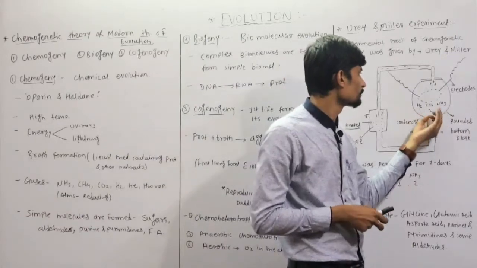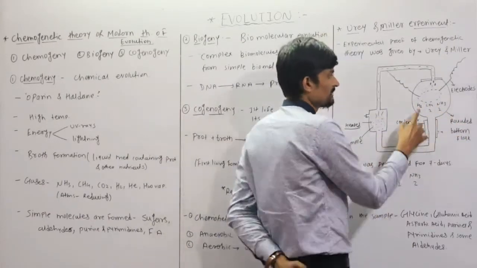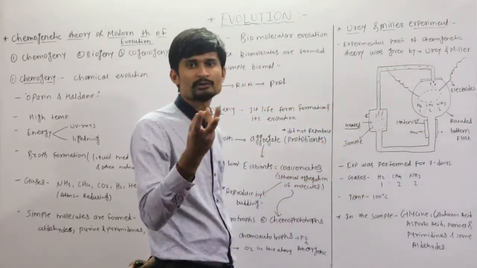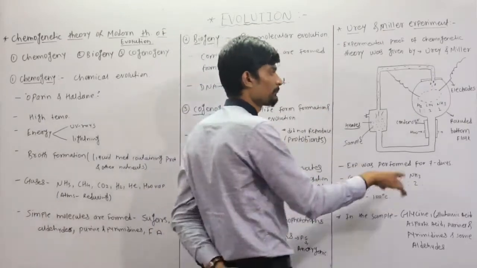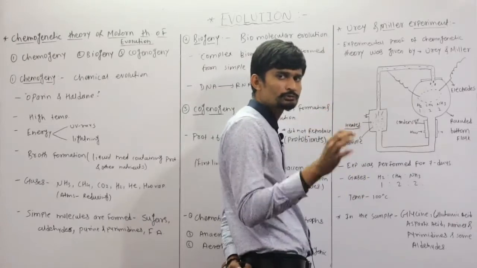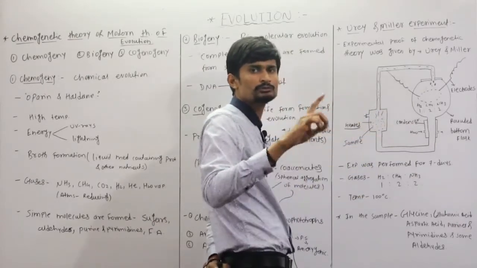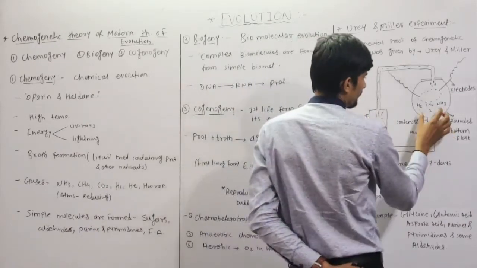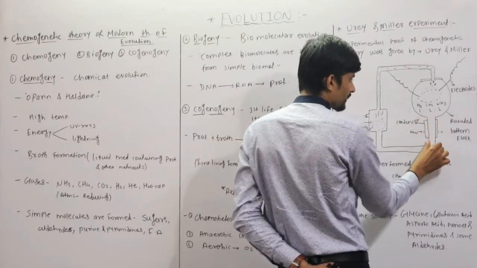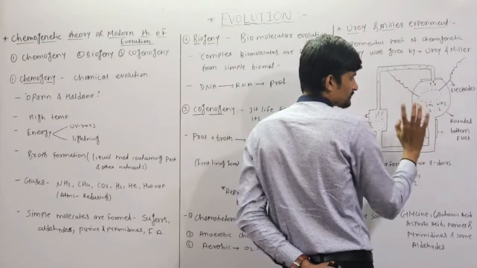Then they took the chemicals in that rounded bottom flask: gases, that is hydrogen, methane and ammonia. Mainly they took hydrogen, methane and ammonia in the proportion of 1:2:2. So the ratio is hydrogen, methane, ammonia 1:2:2. And the flask has a tube, and around that tube there is a condenser through which water is circulated.